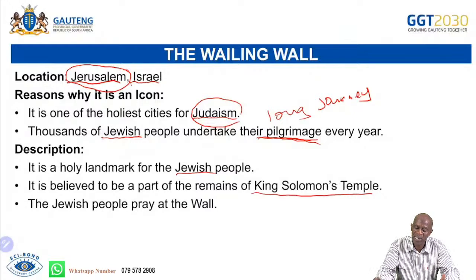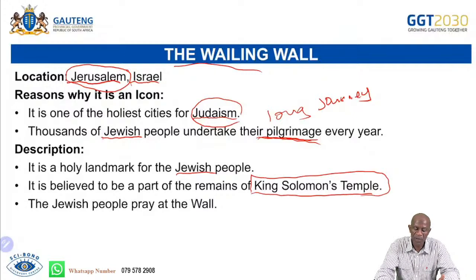So in the Bible, you are told of King Solomon, who had many wives, and he had a temple, and this King Solomon left remains of this temple. That's where you would find this icon, this world icon, the Wailing Wall.